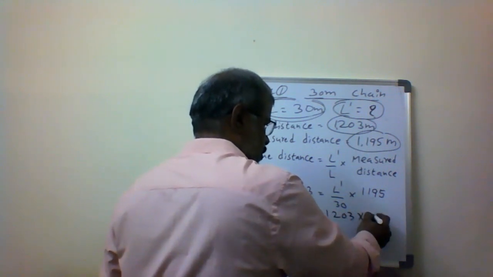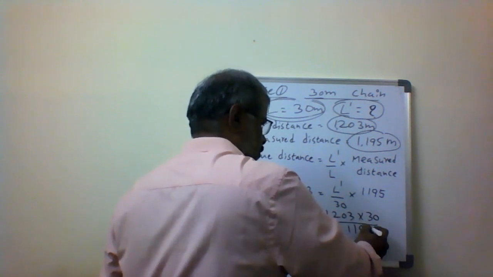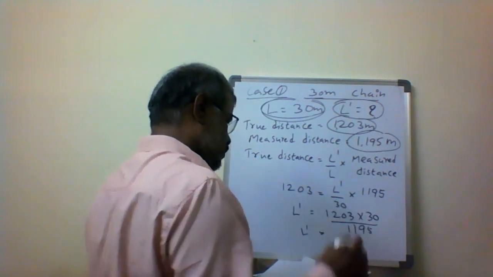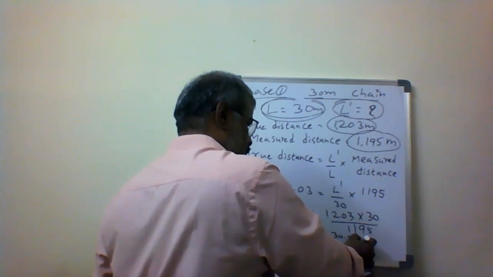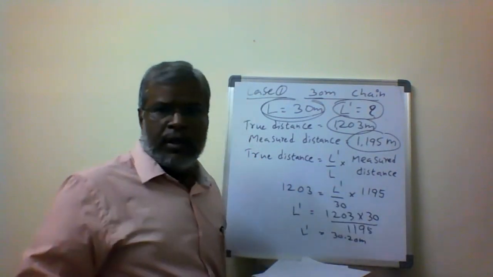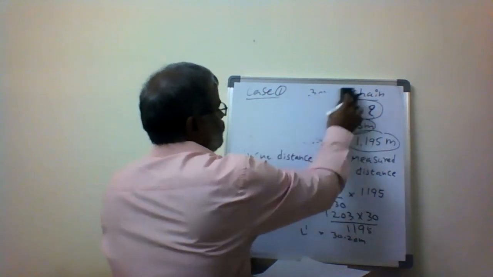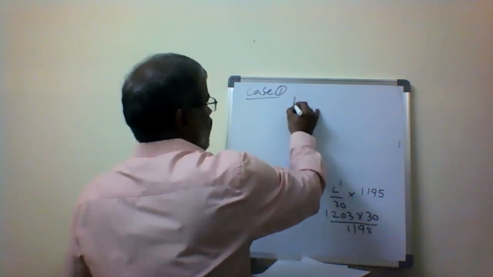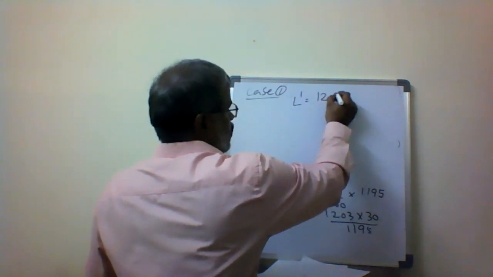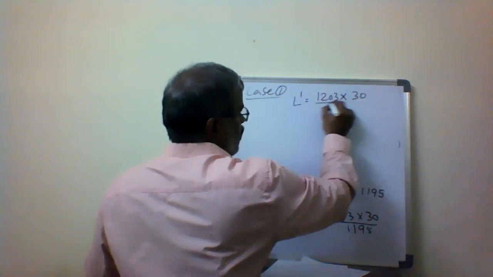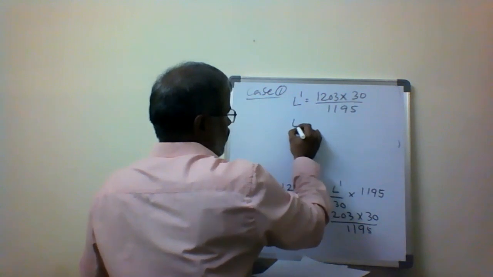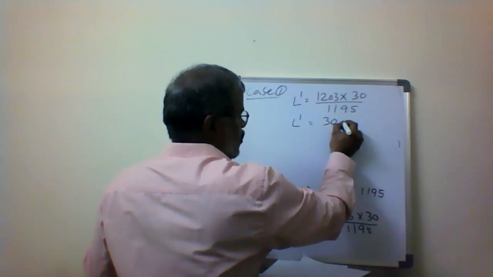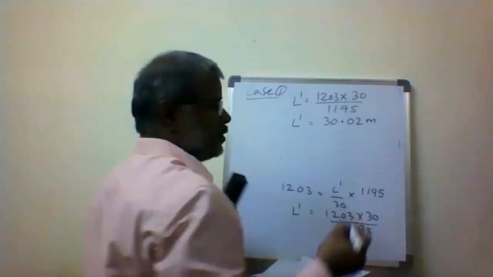So from this, L dash equals 1,203 into 30 by 1,195. L dash equals 30.02 meters.